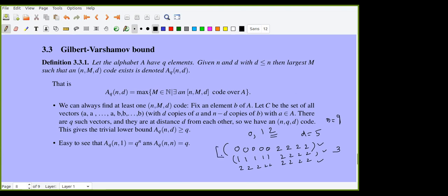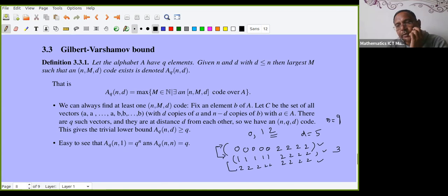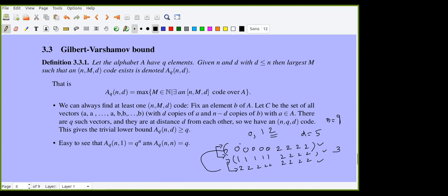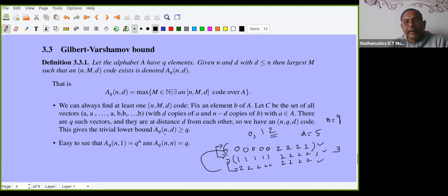What is the distance between these two? 5. What is the distance between these two? 5 again, right? So I can construct a code with these parameters, at least one code. But what is the size of this code? It is q, right? So A_q(n, d) is greater than or equal to q now. That's what my intention is.